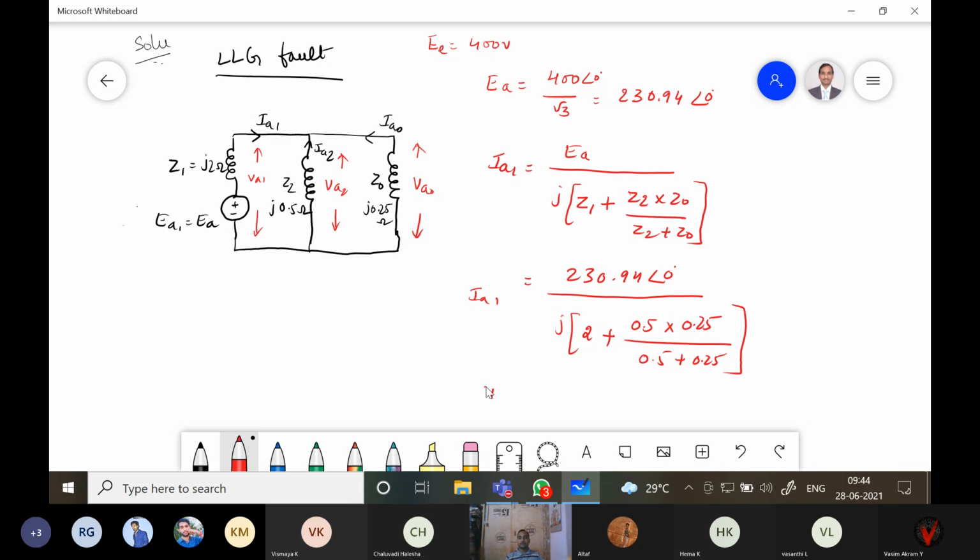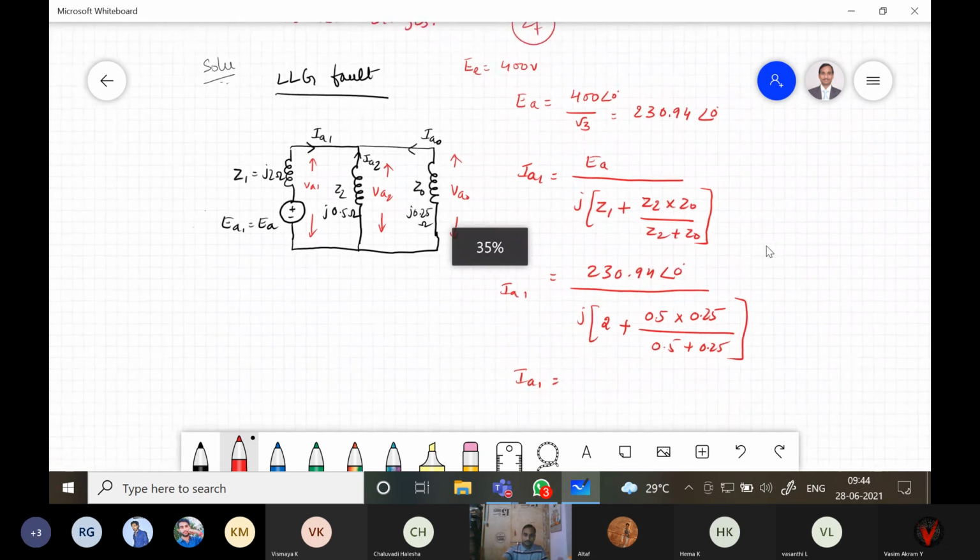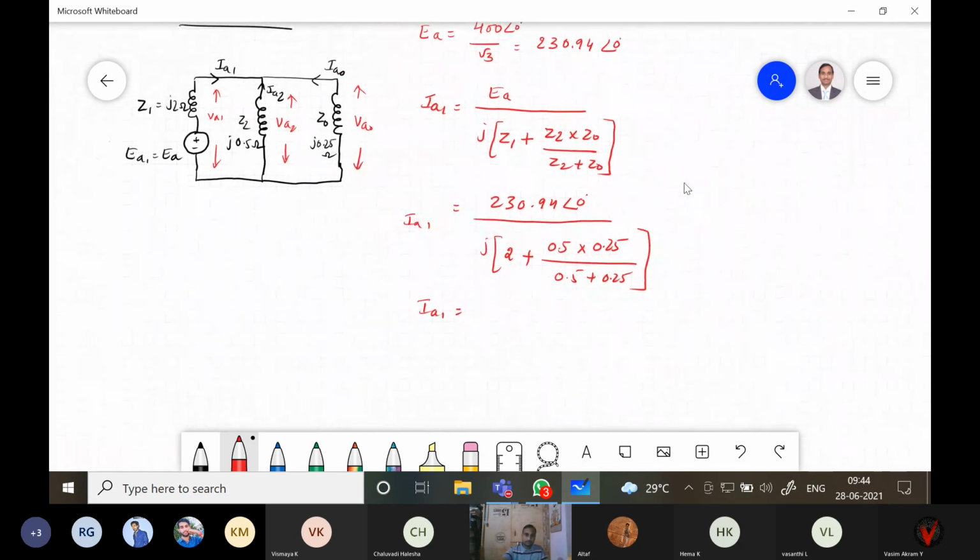Calculate it, how much did you get for IA1?